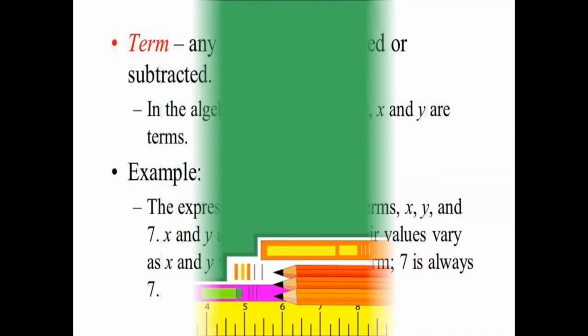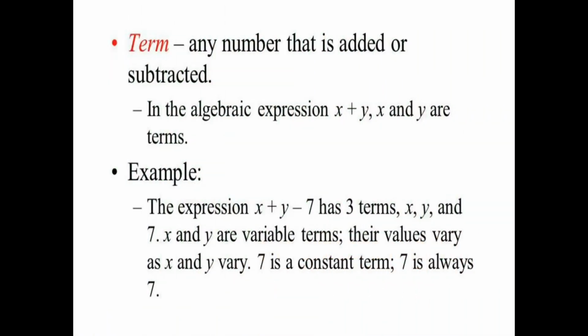Students, we have also learned what a term is. A term is any number that is added or subtracted. In the algebraic expression x + y, x and y are terms.